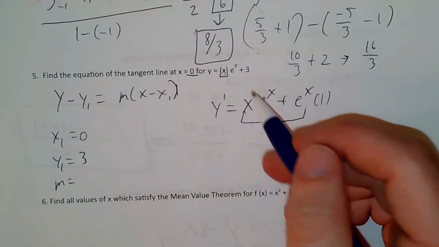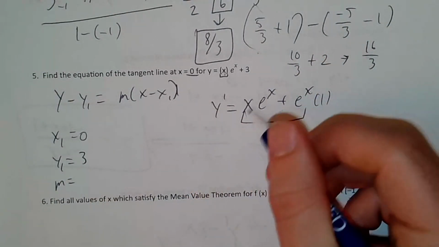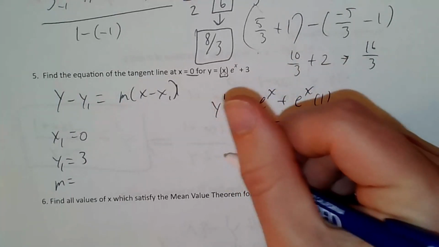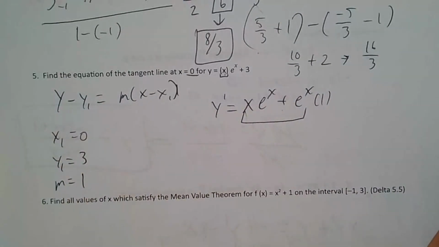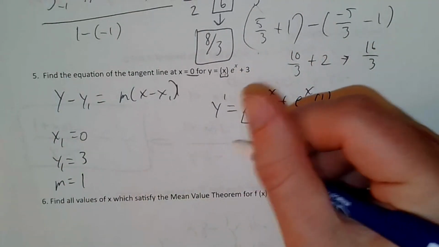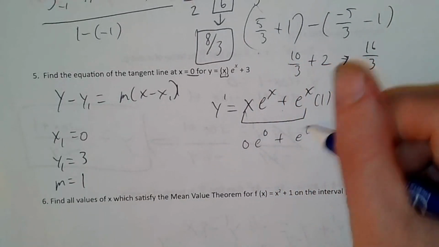The slope, we would plug in 0 into this. So we're going to get, that's going to turn out to 0, and then e to 0 is 1. So the slope is 1. Because when I plug in 0 into this, you get 0 e to 0 plus e to 0.